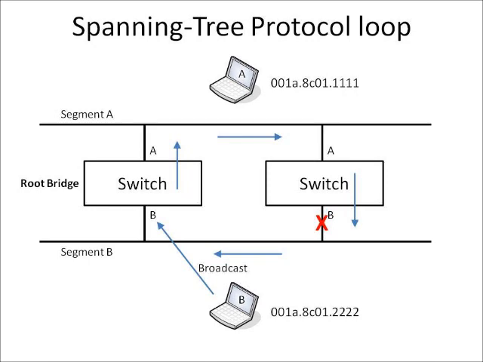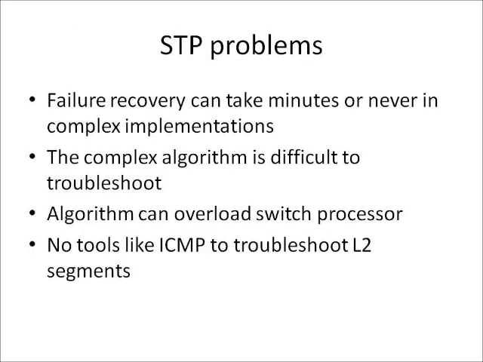And that's a key point, because as networks got bigger, spanning tree really did not scale very well. We'll go through some problems you can have with spanning tree on the next slide. Spanning tree's got a lot of issues.